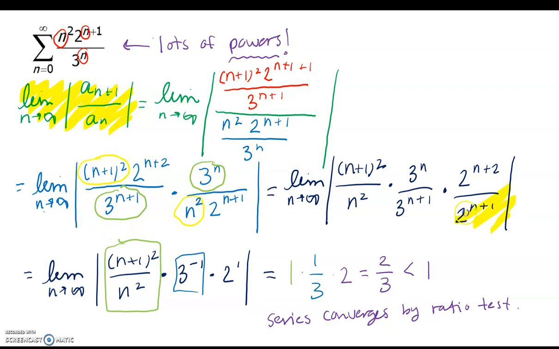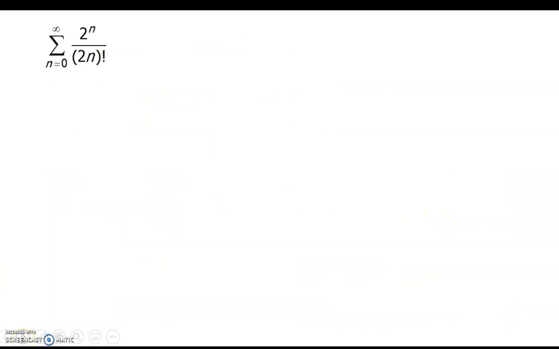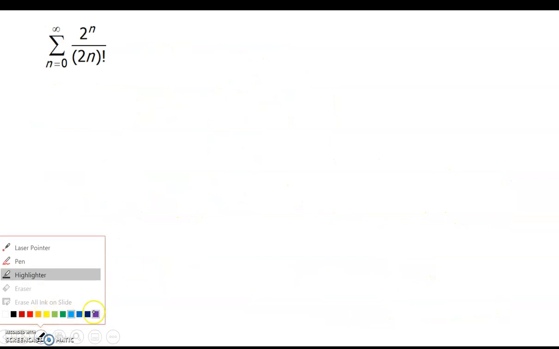You can, if you're okay with doing it, jump straight to this step where you've multiplied by the reciprocal and matched up the corresponding parts. And then you have to tell what the limit is, why it's important, and then of course that it converges by the ratio test. I'm going to do some of those shortcuts for this next one. But go ahead and try this one on your own and pause the video.